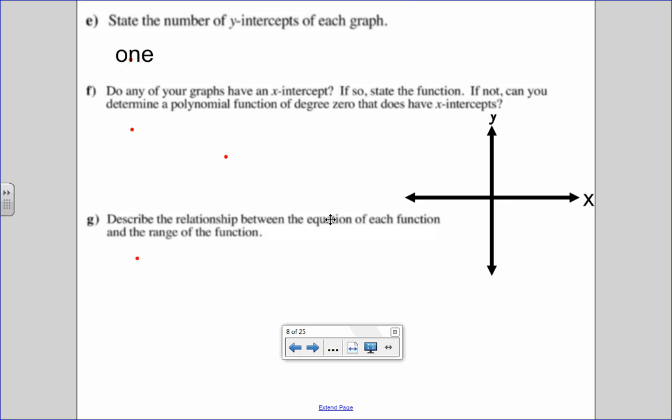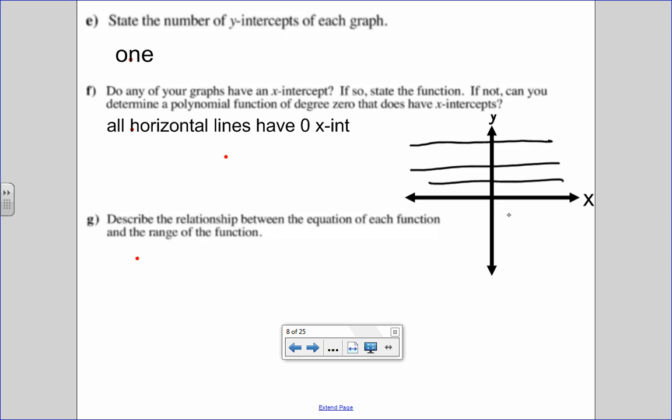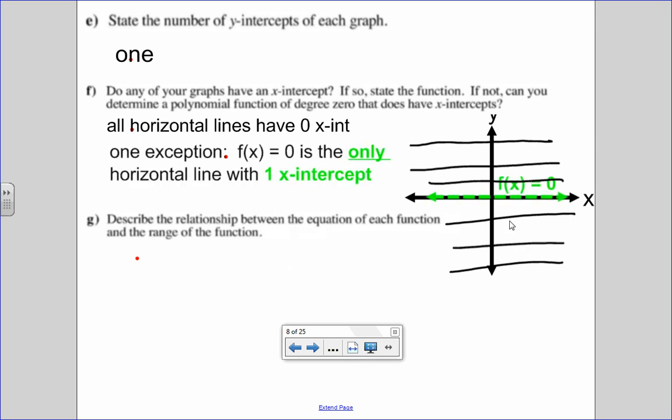Do any of your graphs have an x-intercept? Well, not the ones that I graphed. So horizontal lines really have no x-intercept. If you think of any horizontal line going through, it's always going to have one y-intercept and no x-intercepts. The only exception is if I pass through the x-axis.